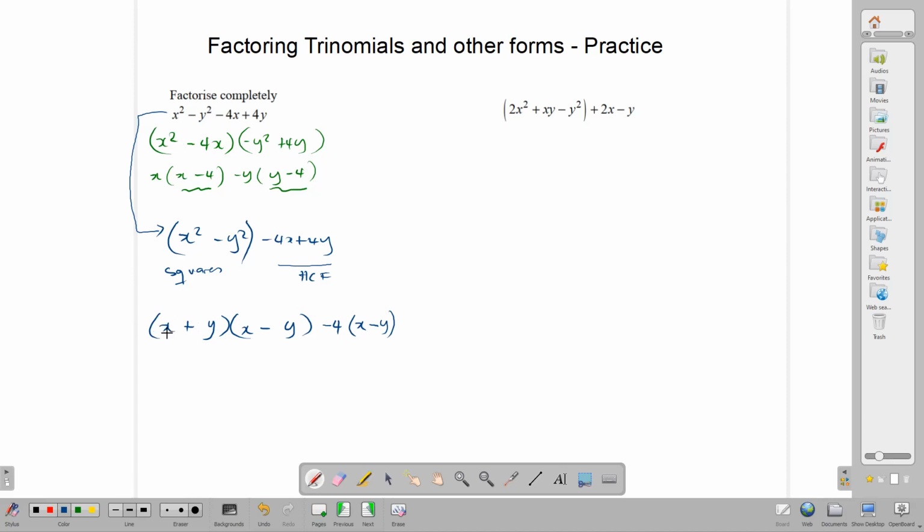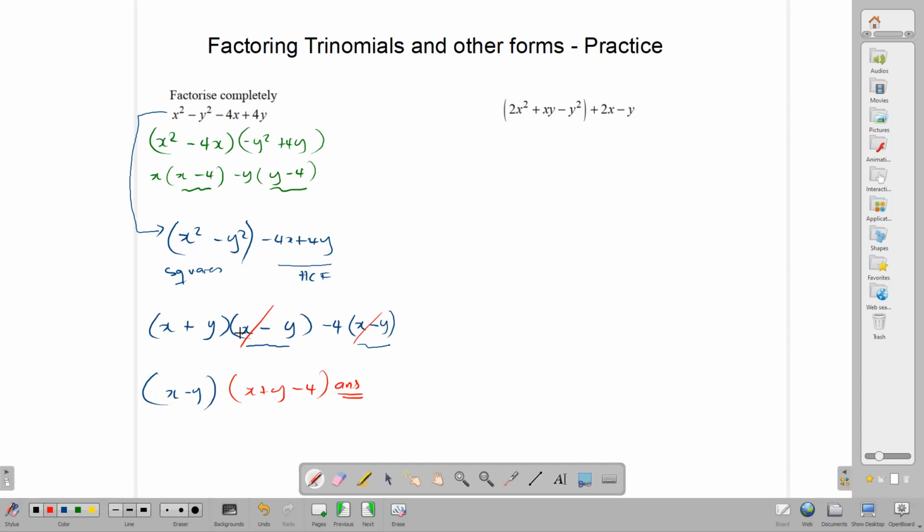We have three brackets, x plus y, x minus y, and minus 4 bracket x minus y. These two brackets are the same. So we are going to factor out this common bracket. So let's write it by itself, x minus y. When we factor out that bracket from here and here, what we're left with is x plus y and minus 4. And those go into the other bracket. And that there is our answer.